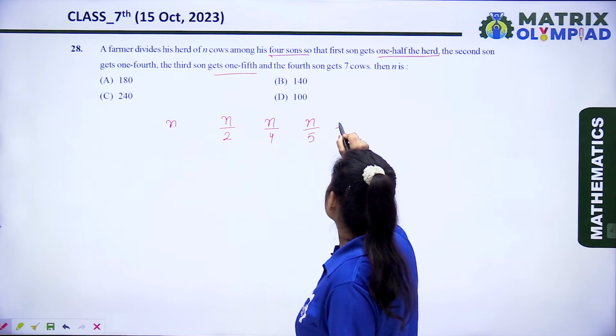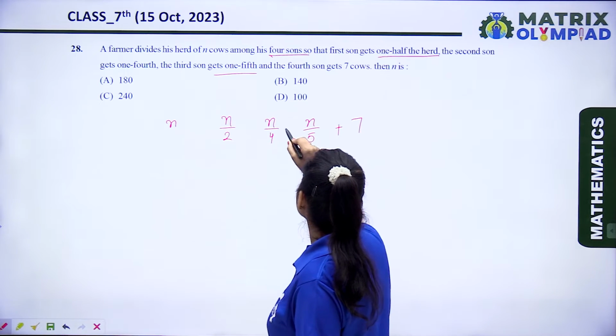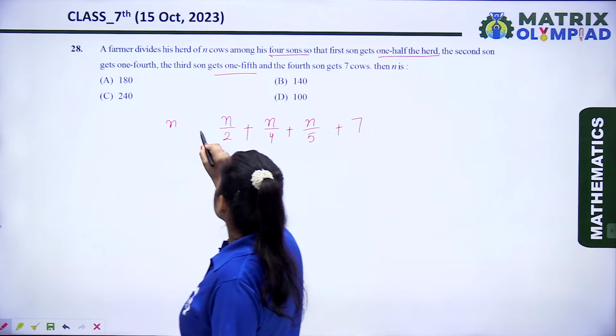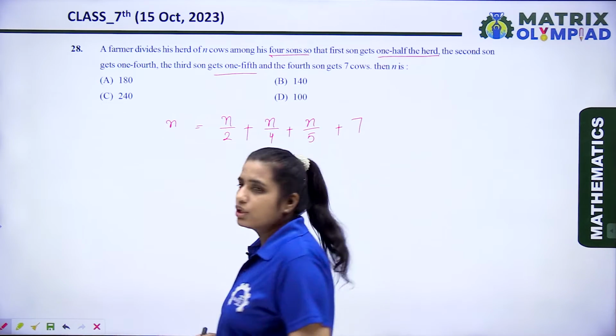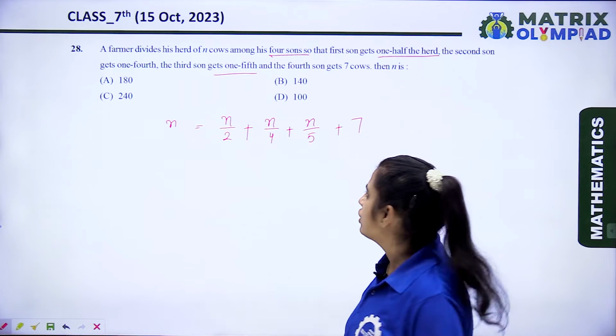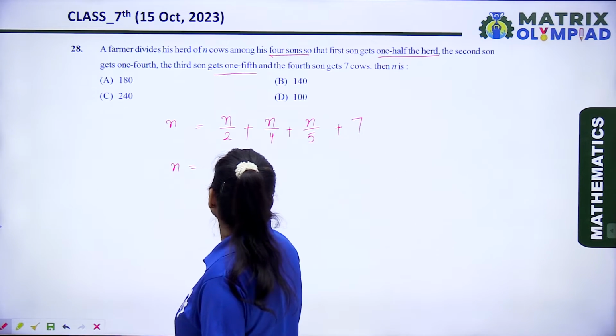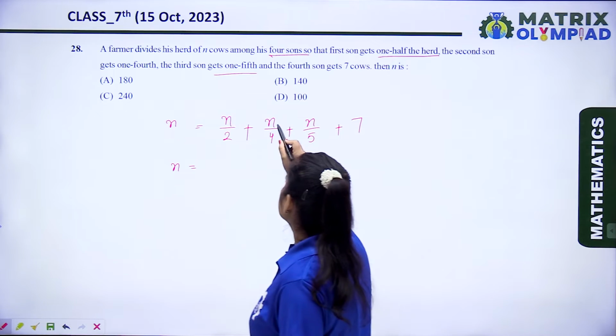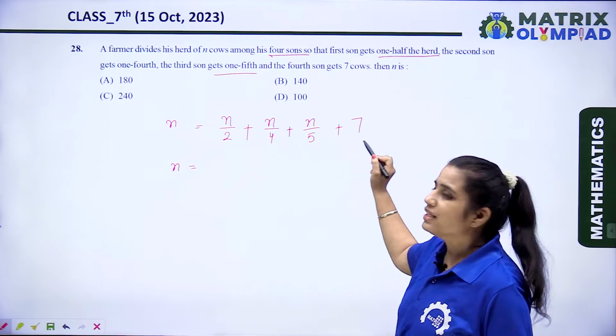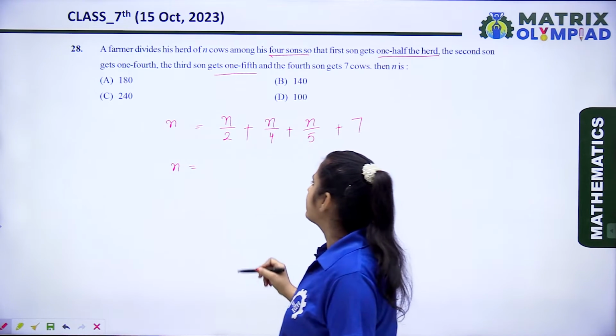So here we are going to add them all, and that is equal to the total number of cows. So let's calculate. Here n is equal to n upon 2 plus n upon 4 plus n upon 5 plus 7. So let's take the LCM.